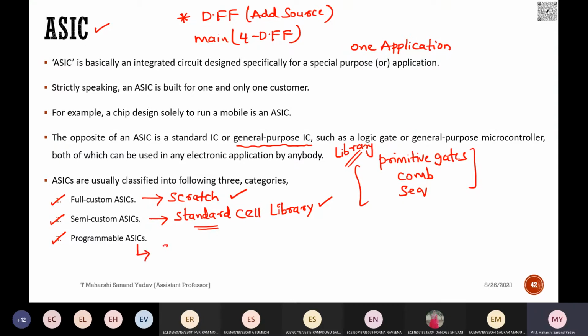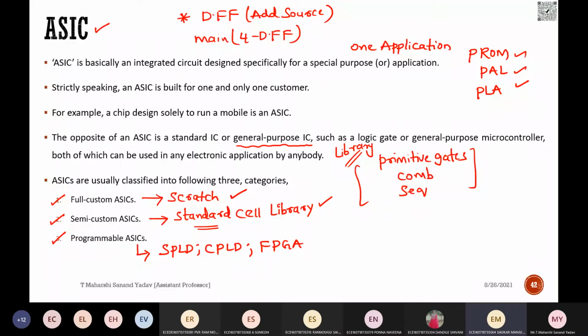They are further classified into SPLDs, CPLD, and FPGA. They are nothing but programmable. In the last class, we saw some concepts like PROM, PAL, and PLA. Can anyone tell me the differences between these three? PROM is fixed AND and programmable OR.